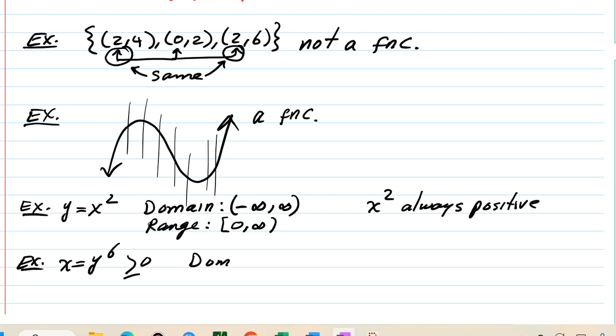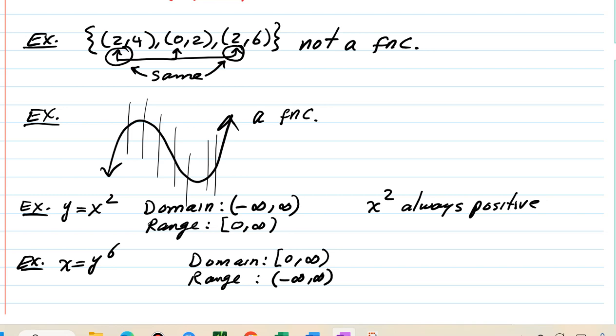So my domain is going to be from 0 to infinity. And what about the range? Again, y could be anything, since I can raise any number to the 6th power. So y is from negative infinity to infinity.